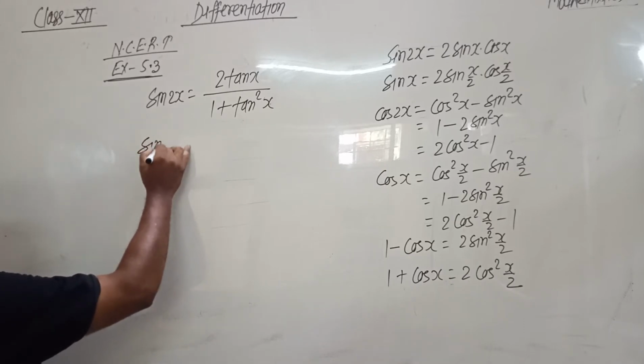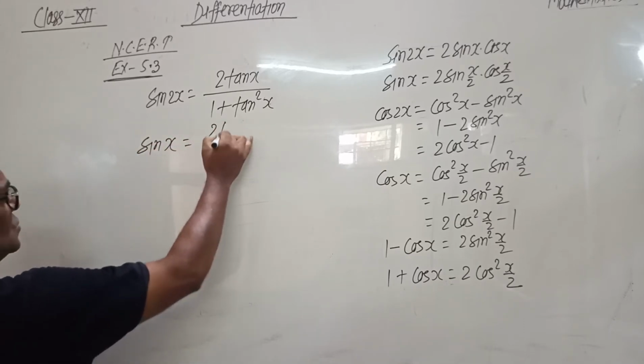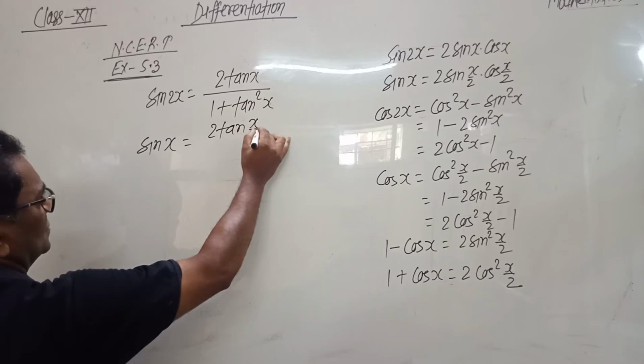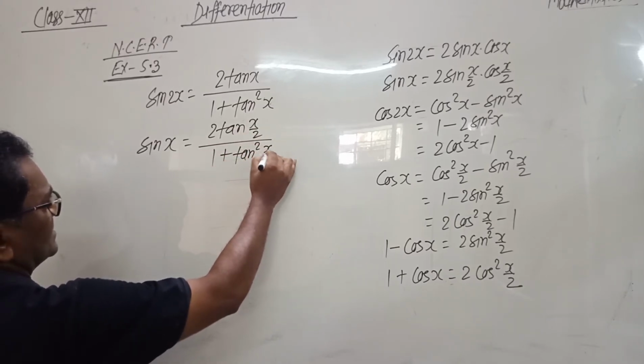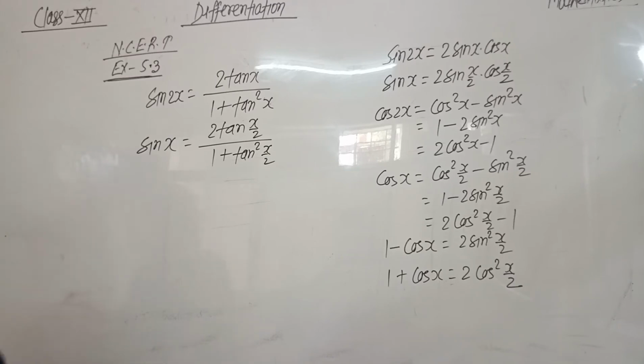The formula for sin x is 2 tan x by 2 upon 1 plus tan square x by 2. So sin 2x is expressed in terms of tan x as 2 tan x upon 1 plus tan square x, and sin x will be expressed in terms of tan x by 2.